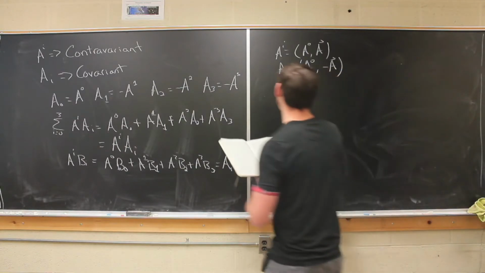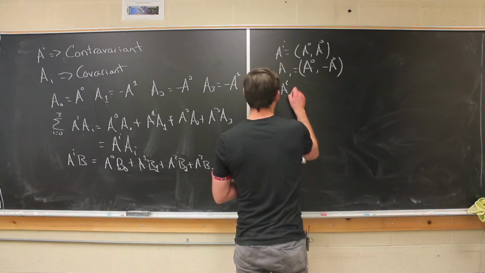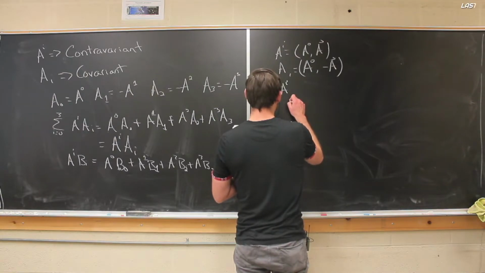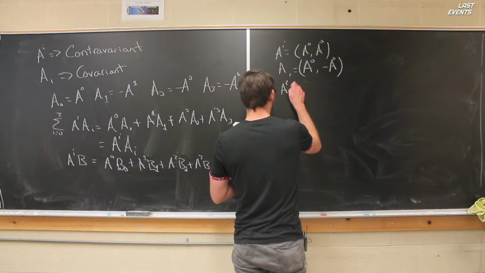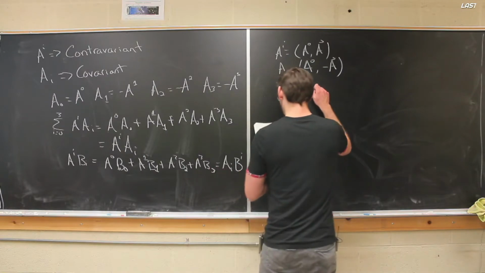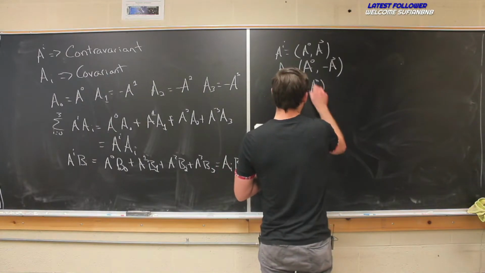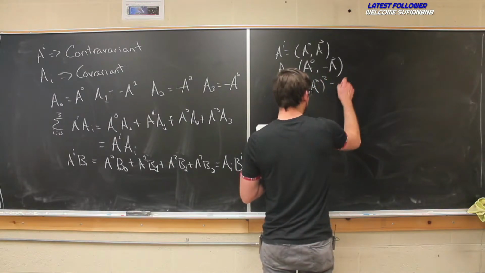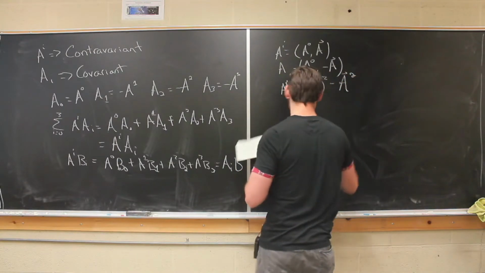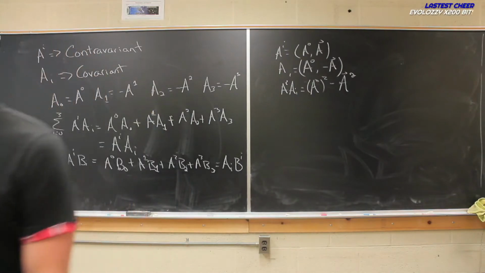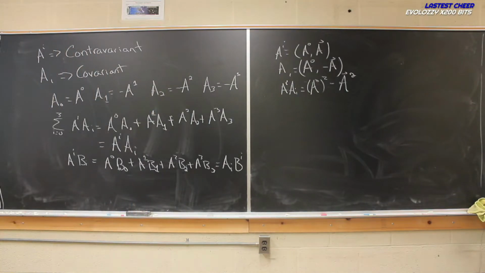And then we can say, all right, well now if we write the inner product, A^i upstairs, A_i downstairs, then we get A0 squared minus our vector A squared. And in that vector A squared is all of the Cartesian stuff that we're used to dealing with.